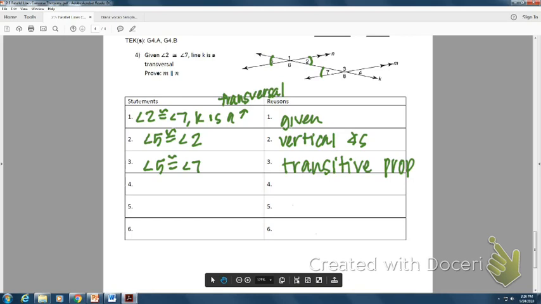Pardon? What could we have used right away? A converse theorem. Okay, so what could I have used right away?